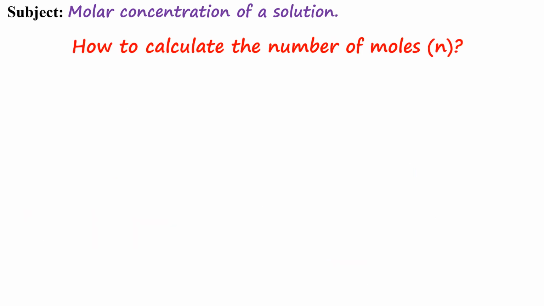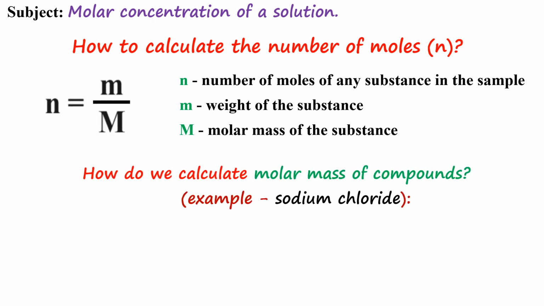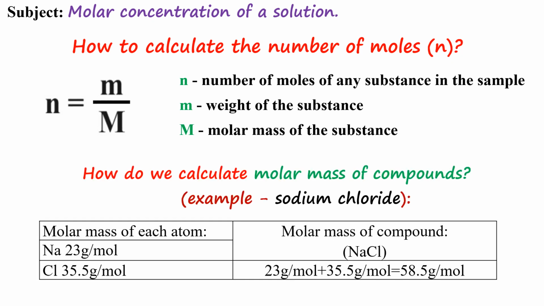How to calculate the number of moles? To calculate the number of moles of any substance in the sample, we simply divide the weight of the substance by its molar mass. How do we calculate the molar mass of compounds? We calculate the molar mass of sodium chloride by adding together the molar masses of 1 atom of sodium and 1 atom of chlorine.